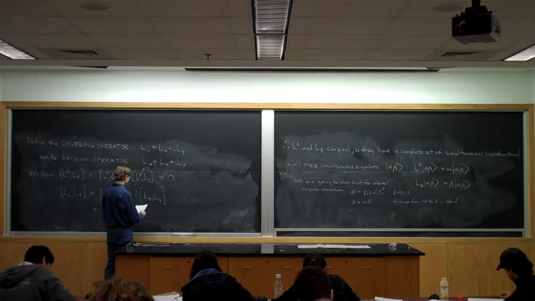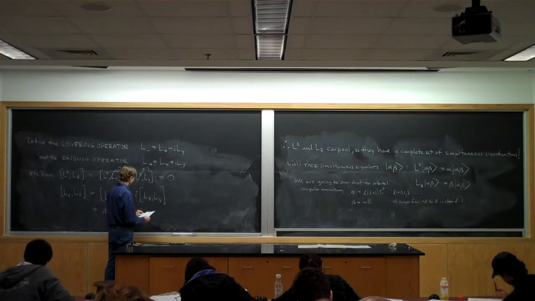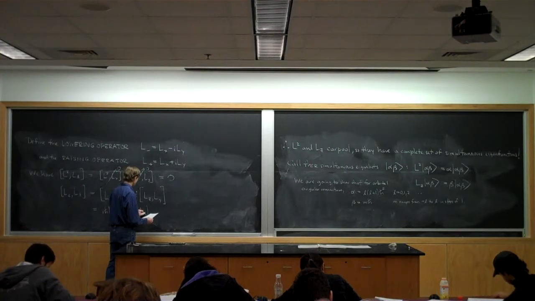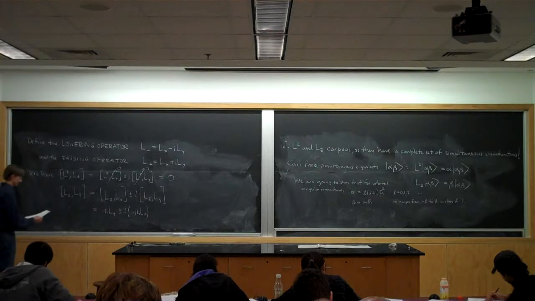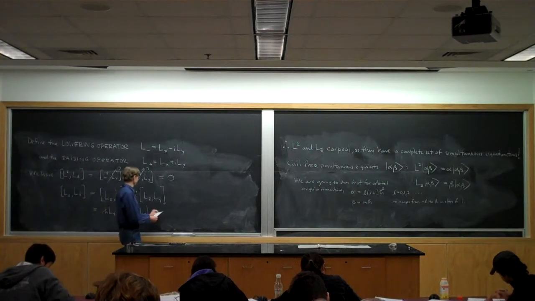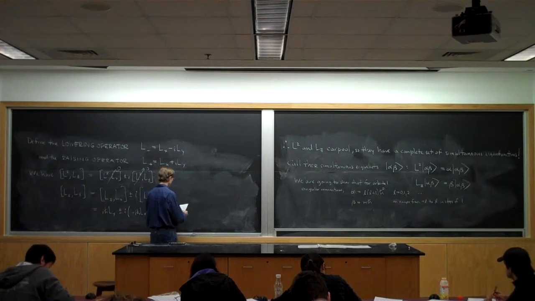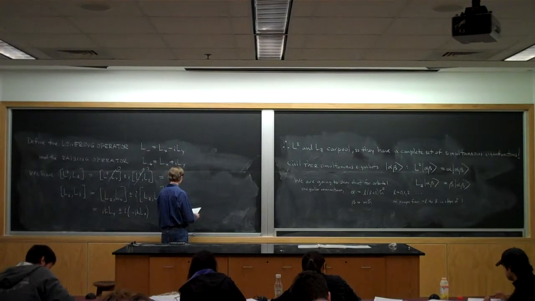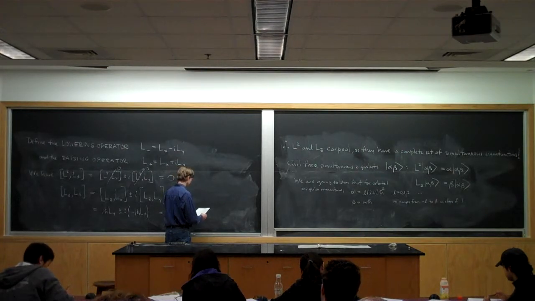So the commutator of Lz with Ly is minus i h bar Lx. So this turns into plus or minus h bar times Lx plus or minus i Ly.